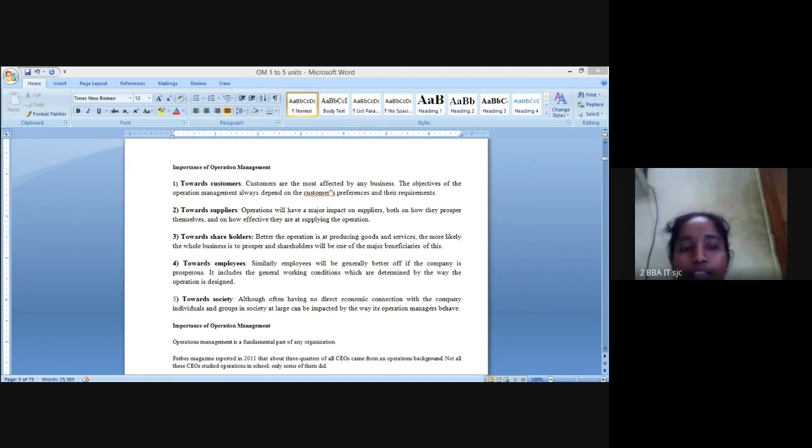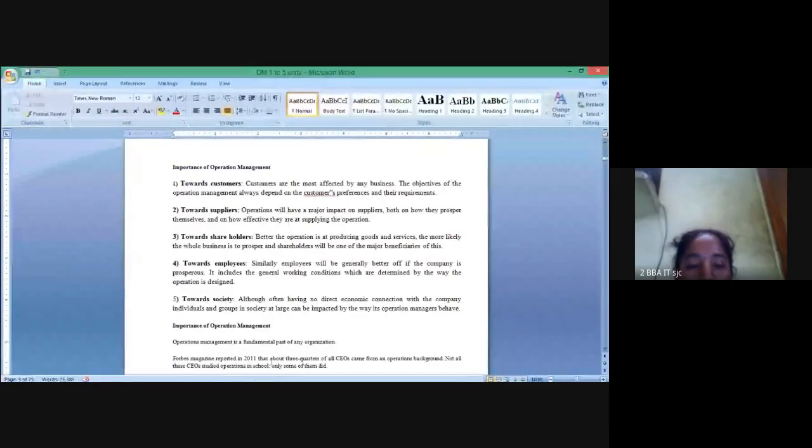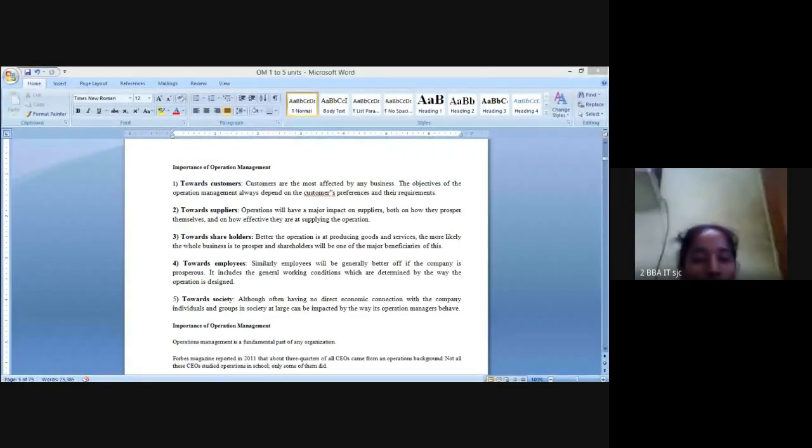When you purchase any product, each product carries a batch number. What does the batch number mean, and why do they mention the batch number for any product? Why does an organization mention the batch number?